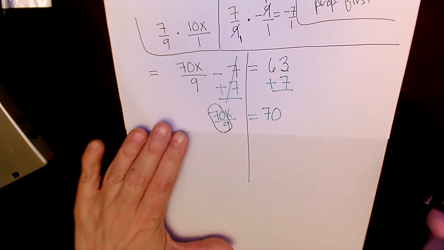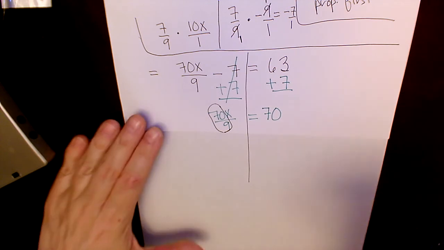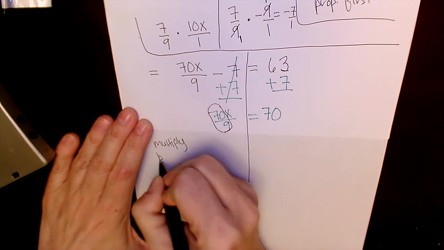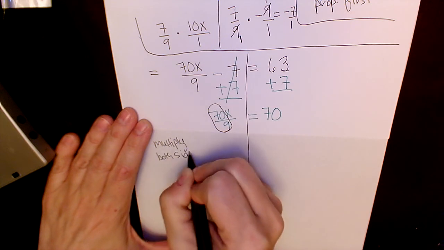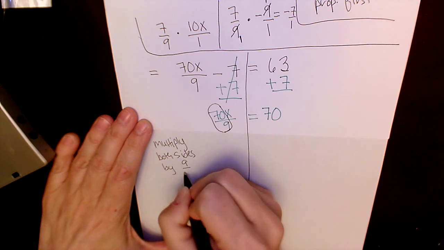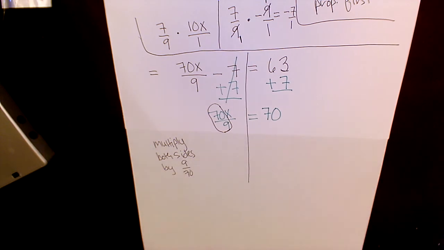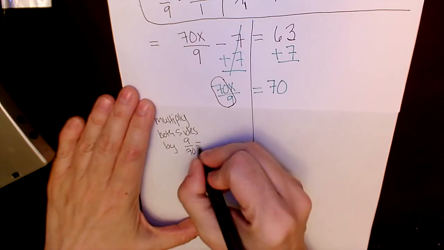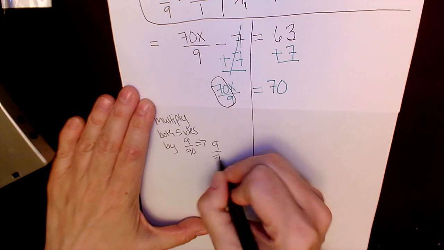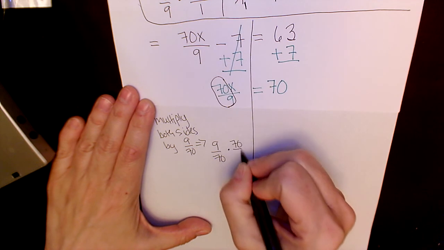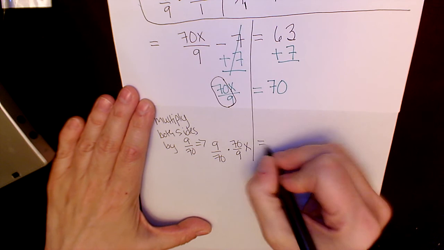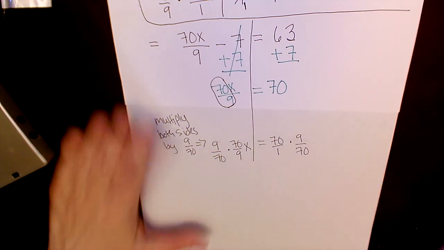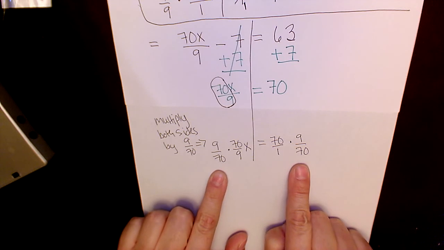So I'm going to flip 70 over 9, and I'm going to multiply both sides by 9 over 70, which is the flip of 70 over 9. So I'm going to take 9 over 70 to both sides.